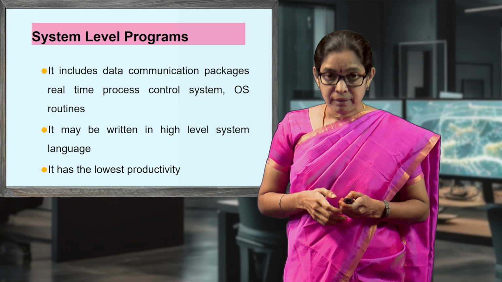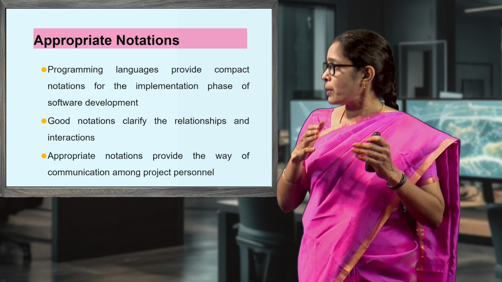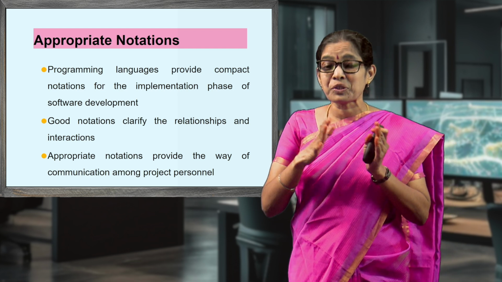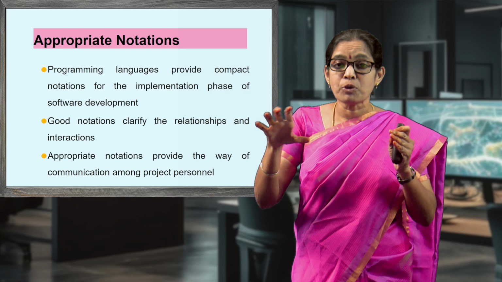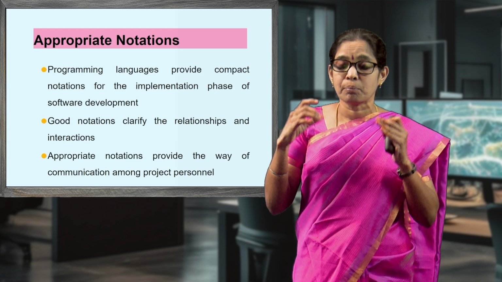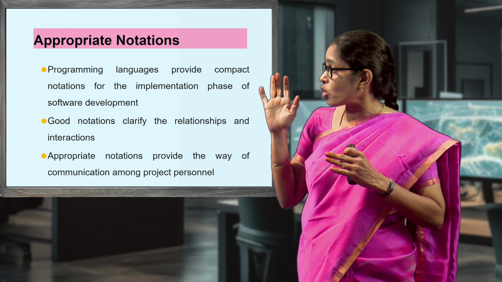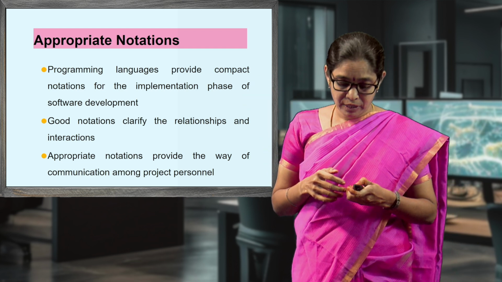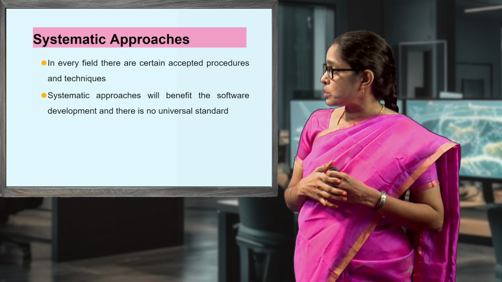Okay. Then appropriate notations. Appropriate notations means good notations that clarify the relationships and interactions. They provide a way of communication among project personnel. So, programming languages provide compact notations for the implementation phase of software development. Then systematic approach.